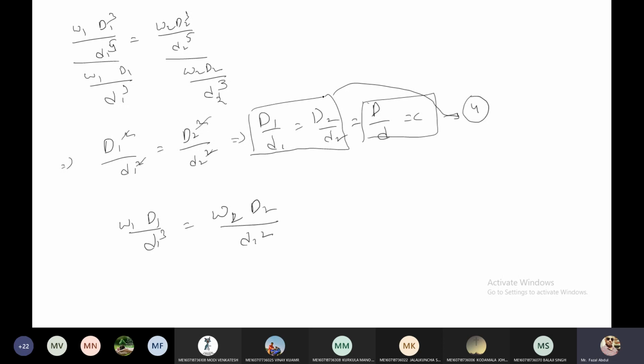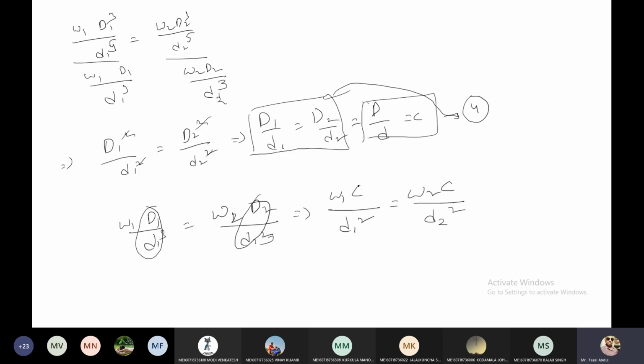From the fourth equation, we can write D1 by D1 as C. So W1 into C by D1 square equals W2 into C by D2 square.